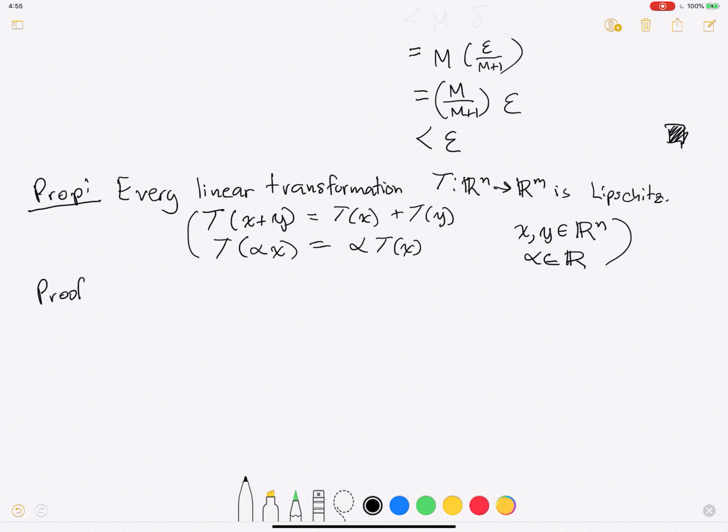Let's prove that linear transformations are Lipschitz. So let's fix a v in R^n.